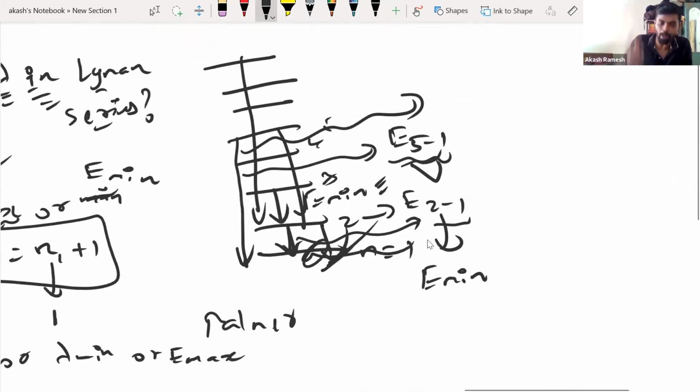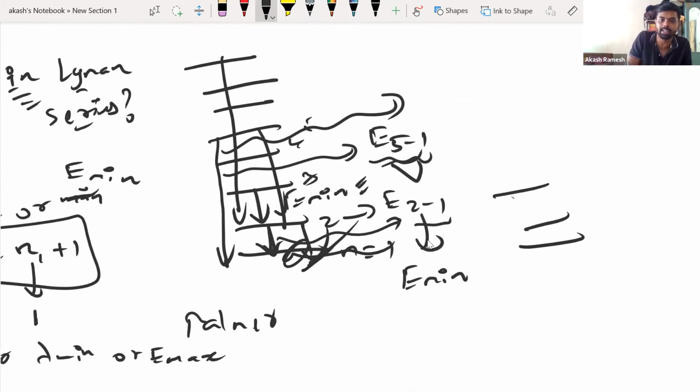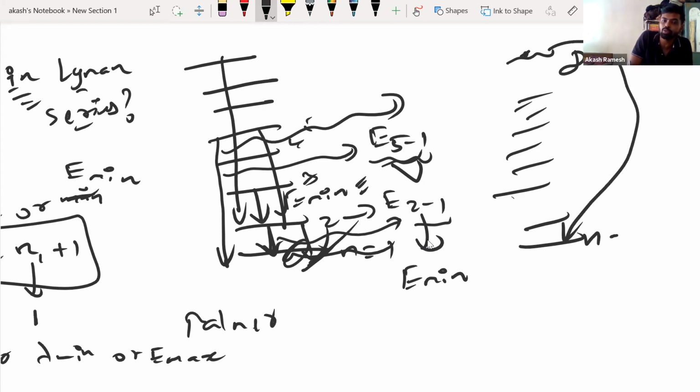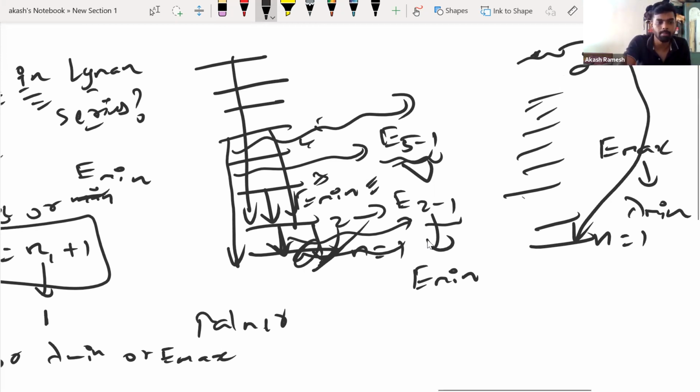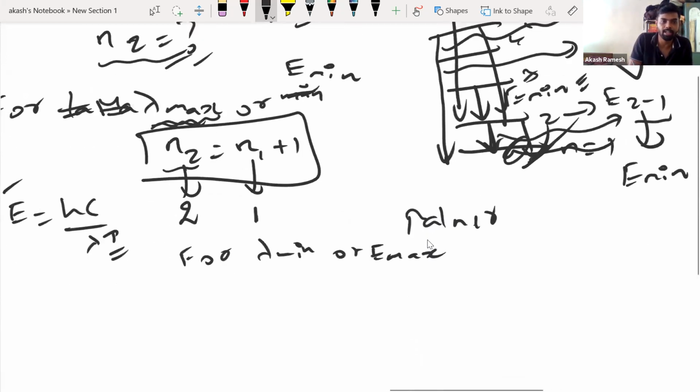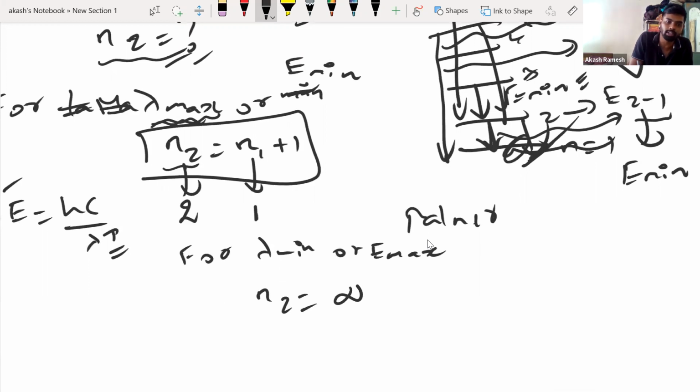The maximum possible energy for the Lyman series: if the electron comes from the highest orbit, and I can consider the highest orbit as the infinite orbit, then from infinity, if it comes to n is equal to 1, that only will have maximum energy. And if I have maximum energy, I'll have minimum lambda. So remember, for lambda minimum or energy maximum, the N2 value is infinity.